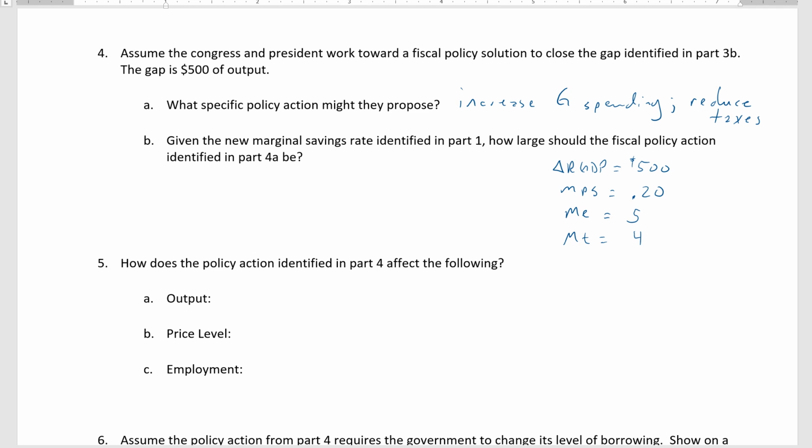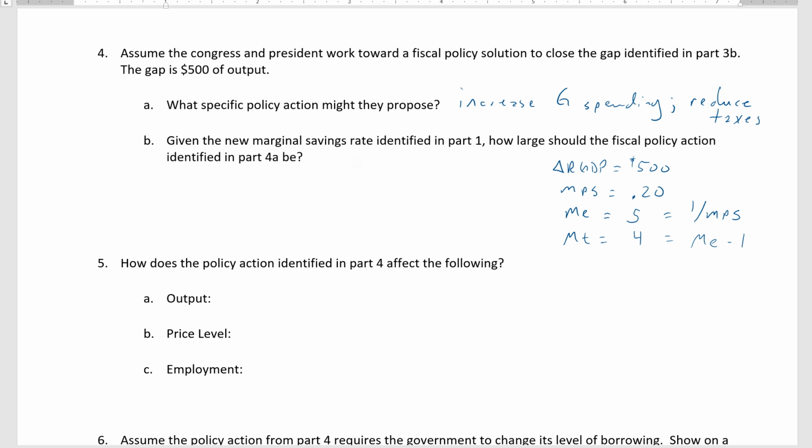All right, so this is a review, so I want to make sure y'all are clear. The reason the expenditure multiplier is 5 is because you calculate it by taking 1 and dividing by MPS. The reason the tax multiplier is 4 is because you take the expenditure multiplier and subtract 1. So that is why those numbers are what they are.